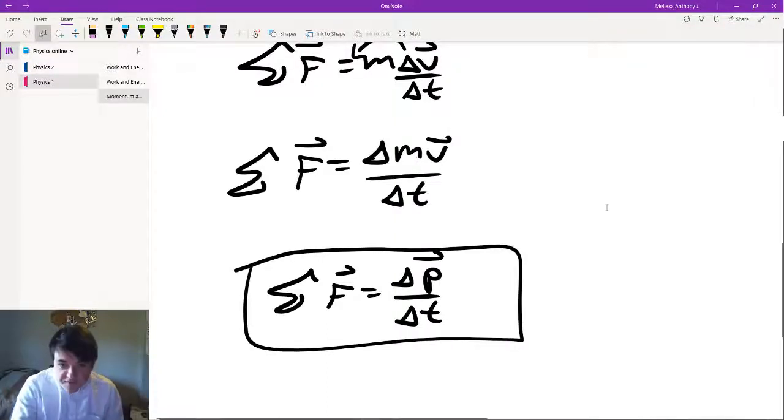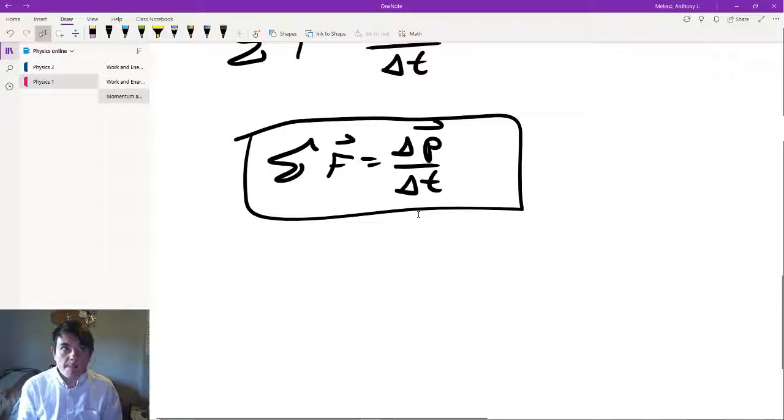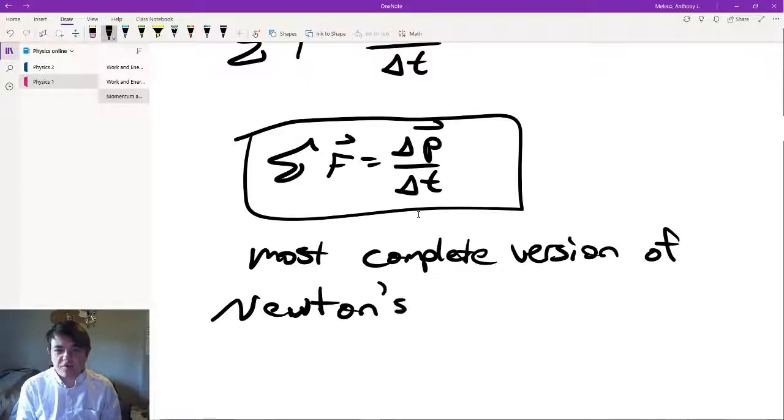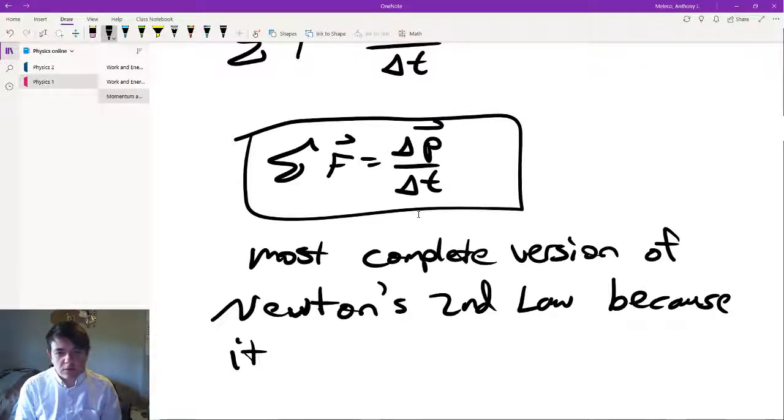This is the best, the most complete version of Newton's second law, because it allows mass to vary.